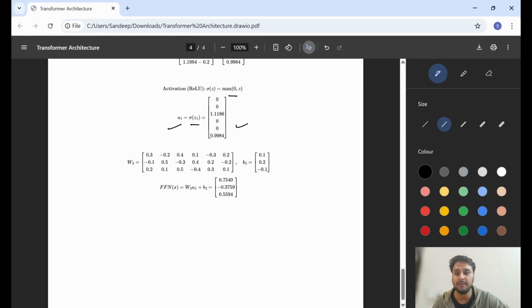So this is our weight matrix. Now this is 6 into 1 and our weight matrix is 3 into 6. So this will give us the final output vector of 3 into 1 size.